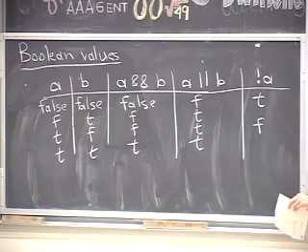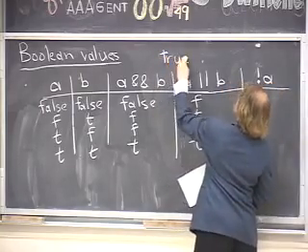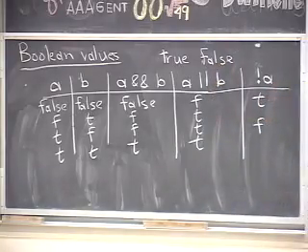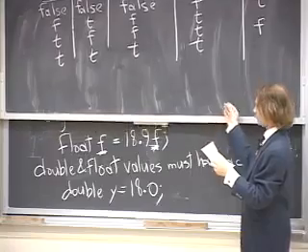Now, you can write Boolean values directly by just writing true or false in a program. But there are also operators that create Boolean values. And they are the comparison operators.